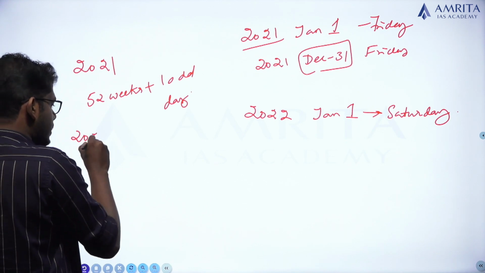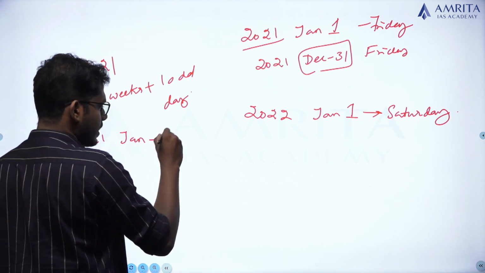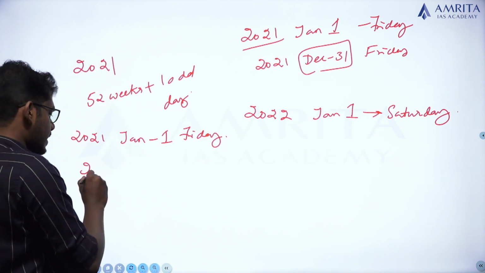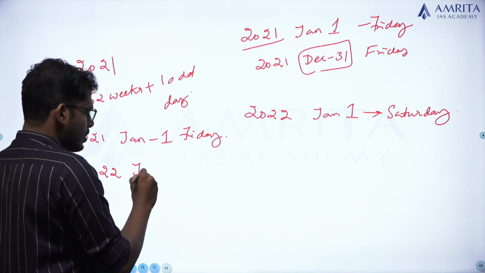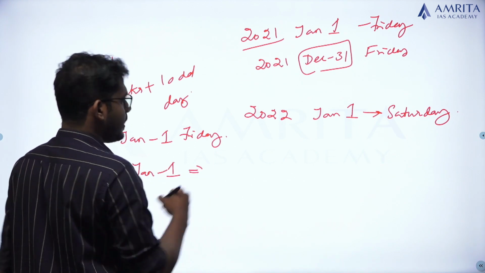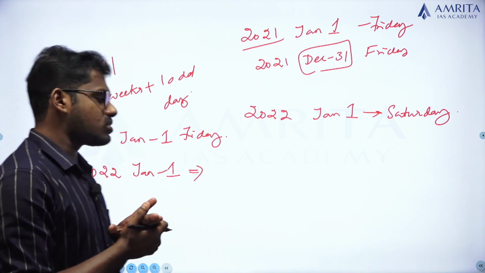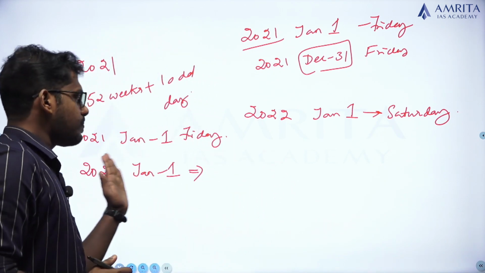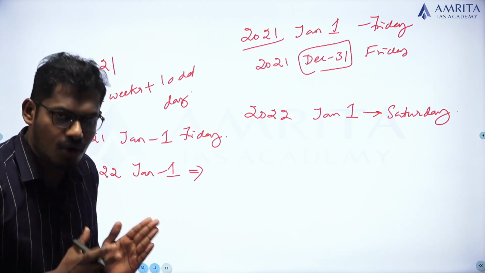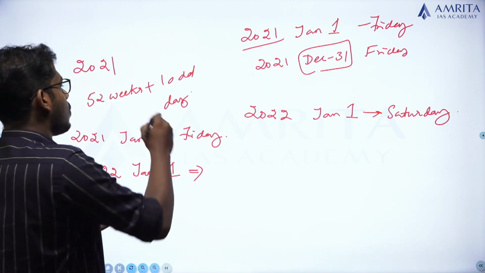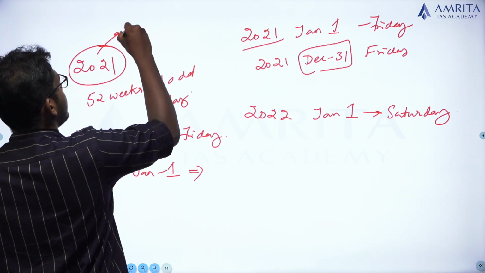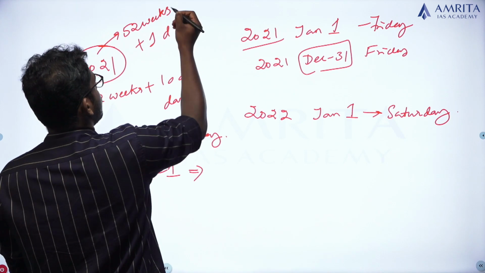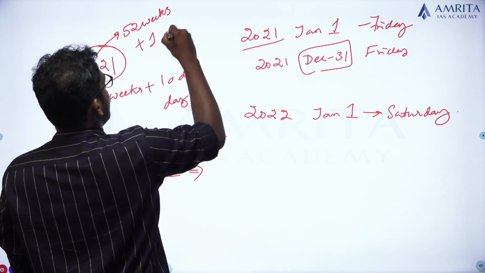If 2021 Jan 1st is on Friday, then 2022 Jan 1st falls on the next day of Friday. How did we get the next day? Because 2021 contains 52 weeks plus one odd day.